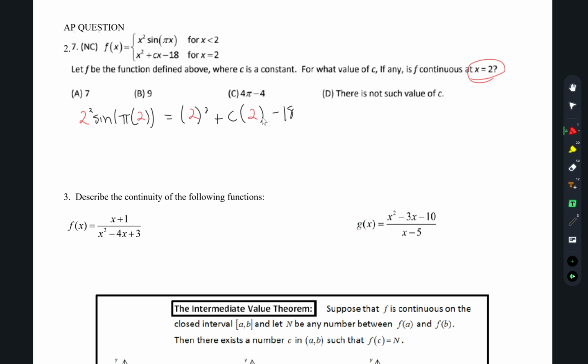Plug in all your 2's and algebra it out. Sine of 2 pi is 0, so 4 equals 2c minus 18. So then we get -14 equals... so 14 equals 2c, so 7. A.